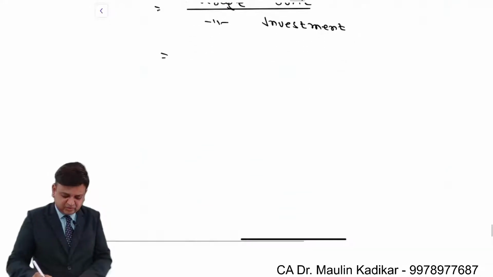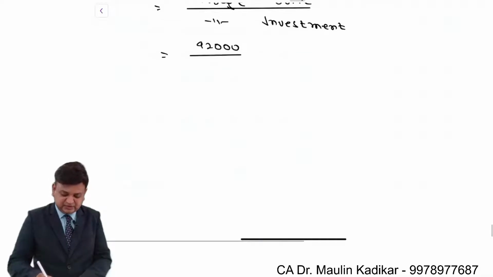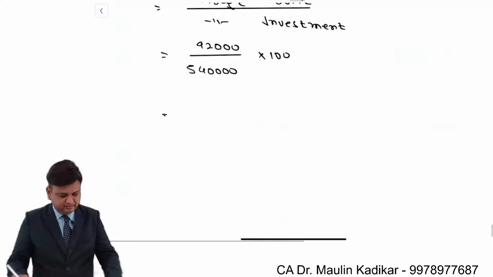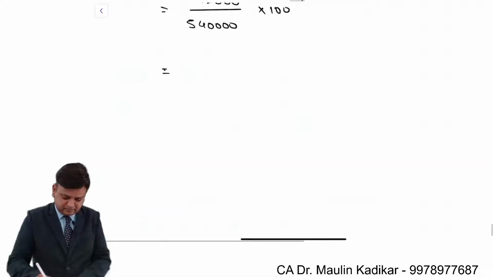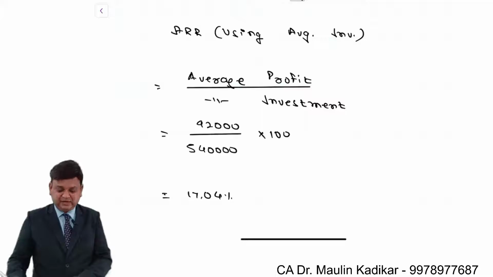Average profit is 92,000 divided by average investment 5,40,000, into 100 for getting the answer in percentage now. 17.04. This is the way we can find the answer.